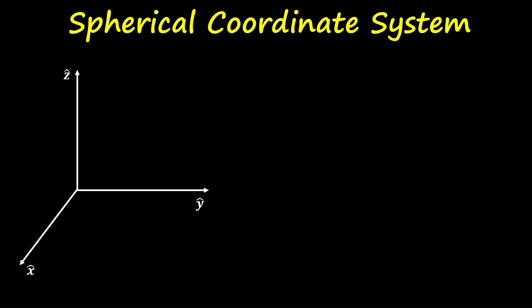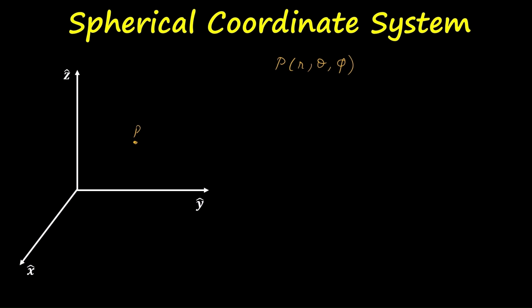We have learned that in spherical coordinates, any point P is defined by R, theta and phi. Now the next question is, like our Cartesian coordinate system, where we have three directions, the x direction, y direction, z direction, does the spherical coordinate system have r direction, theta direction and phi direction?